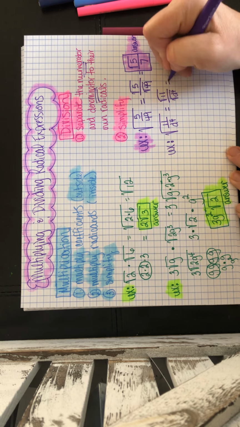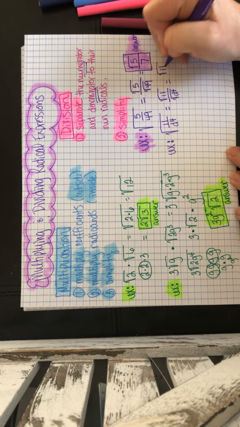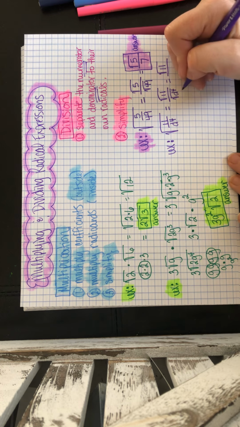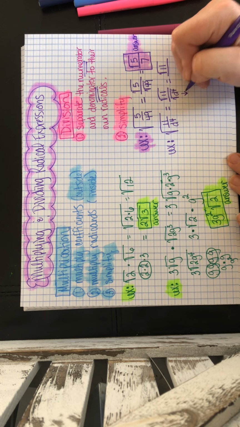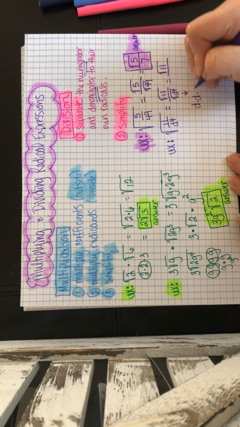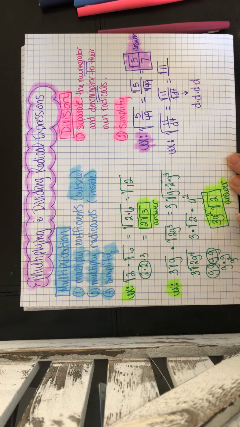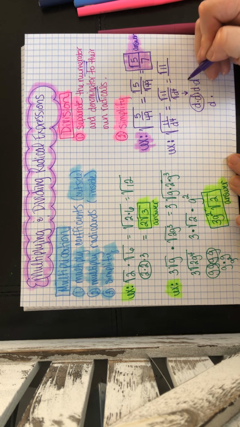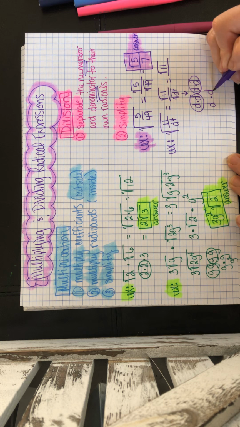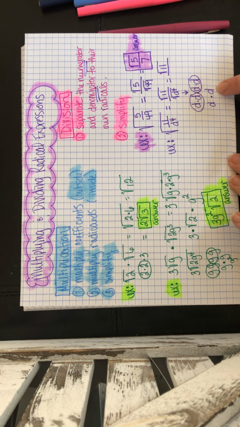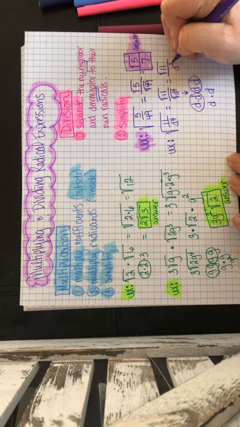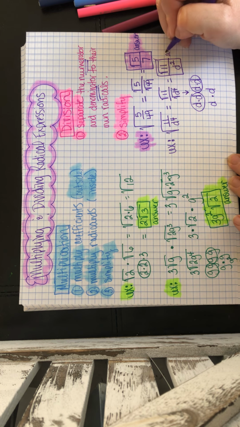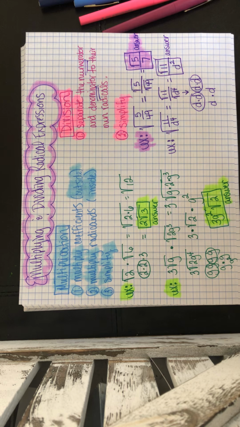The square root of 11 is already simplified. It can't go any further. The square root of d to the 4th, if I break this down, it's d times d times d times d. I have one pair of d's times my second pair of d's. So this gives me d to the 2nd power. And that is your answer.